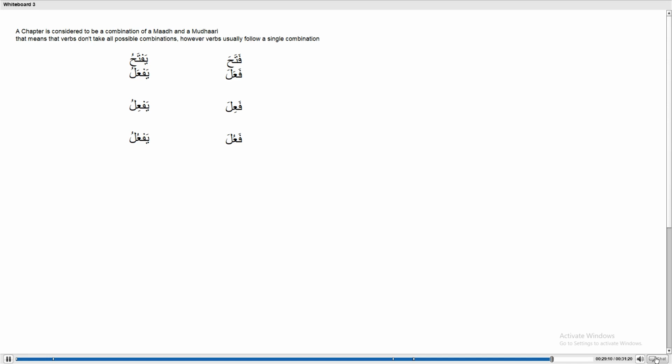That means fataha does not have its mudari on the scale of yaftihu. Neither does it have its mudari on the scale of yaftuhu with a dhamma on the ain. Rather, its mudari is only on the scale of yaftahu with the fatha on the ain. Clear?